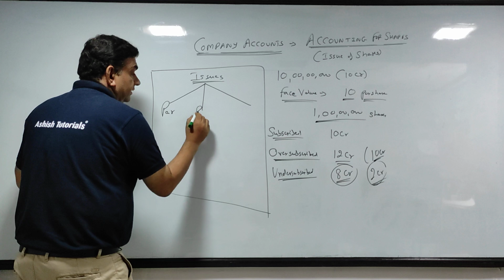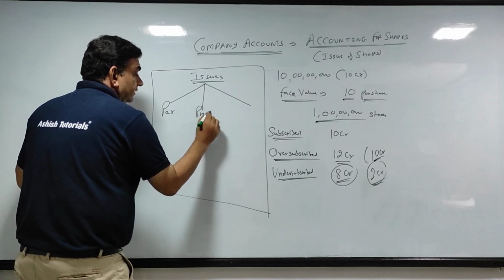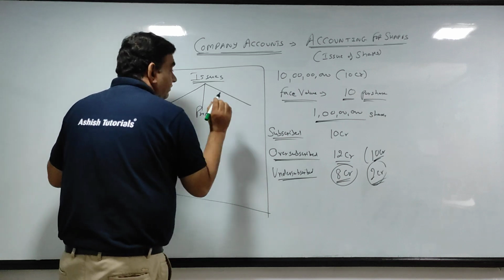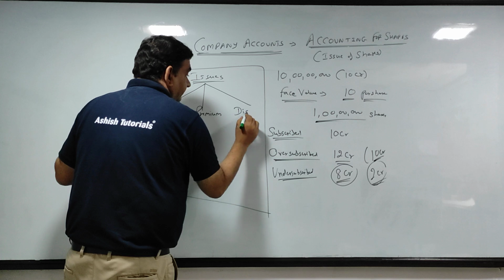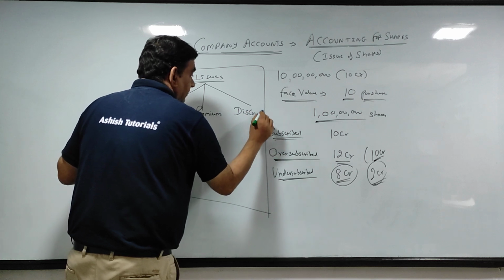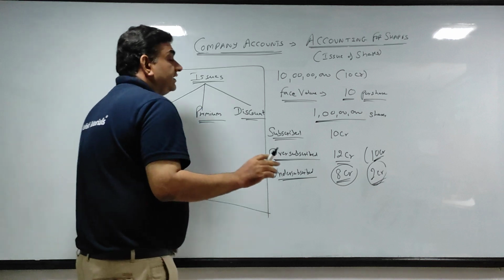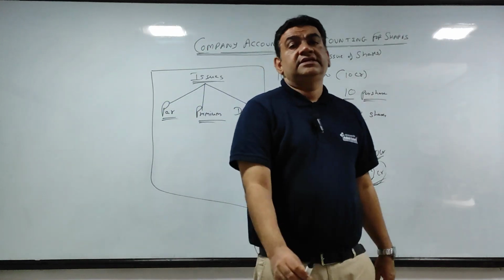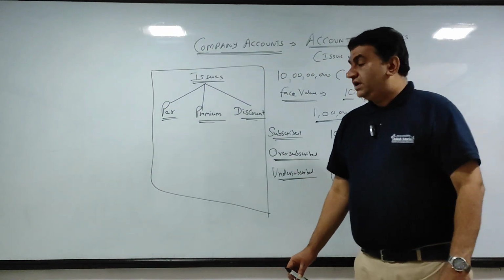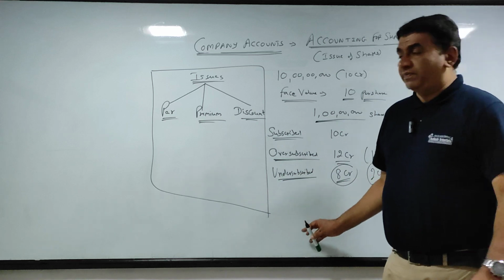One is par, one is premium, and the other is discount. There are three ways a company can issue shares: par, premium और discount. ये जो मैंने एग्जांपल दिया था ना, that is par.